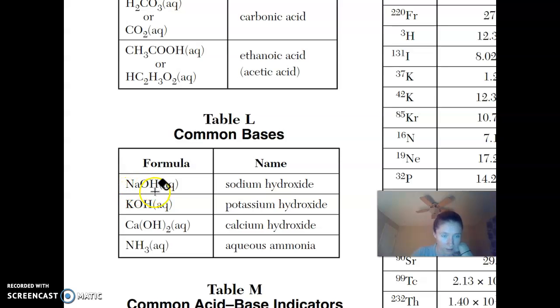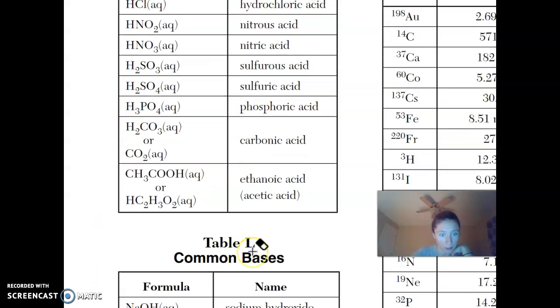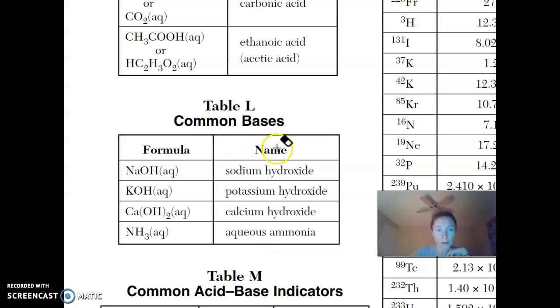So sodium hydroxide has hydroxide, potassium hydroxide has hydroxide, calcium hydroxide has hydroxide, but ammonia does not have hydroxide, and yet ammonia is a common base. So bases don't need hydroxide to be a base. Bases just need to be able to accept H plus ions, the H from one of these guys, according to Bronsted-Lowry. So according to Arrhenius, our original definition, these three are Arrhenius bases.